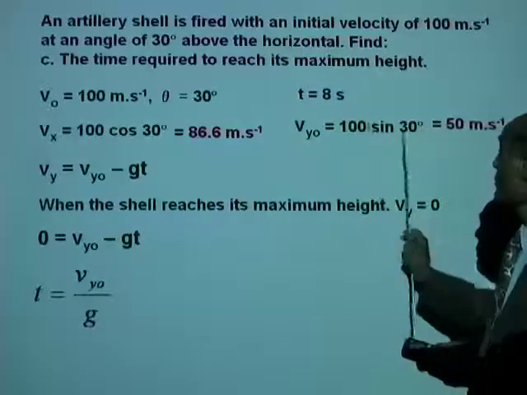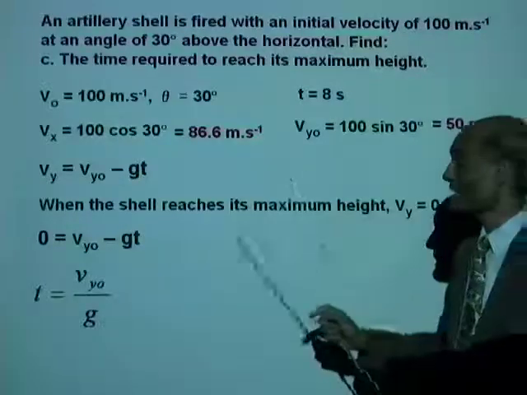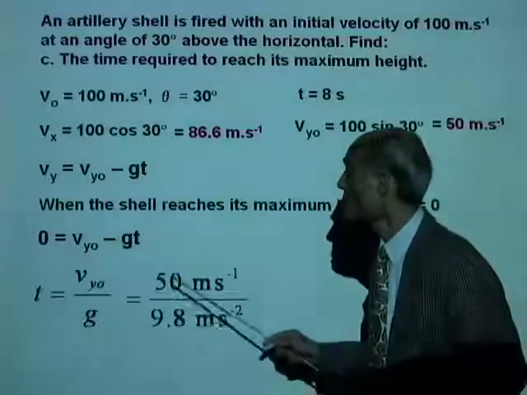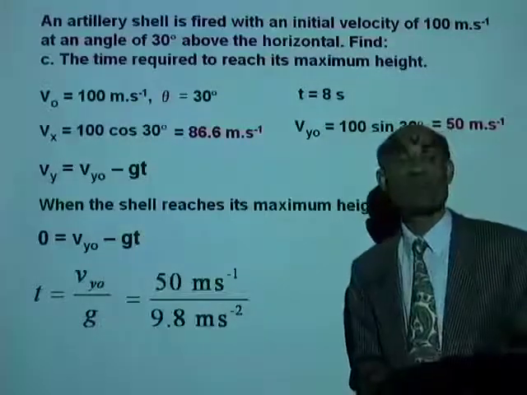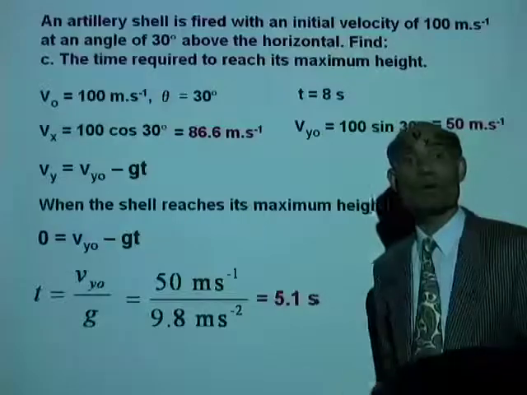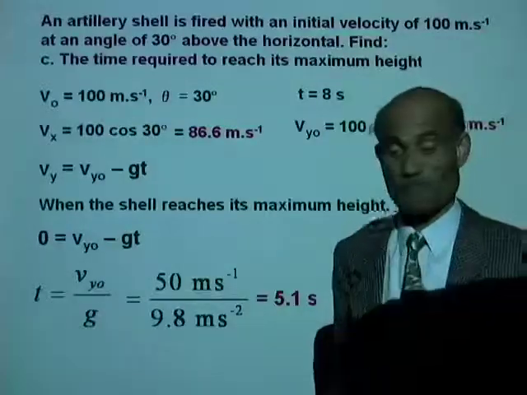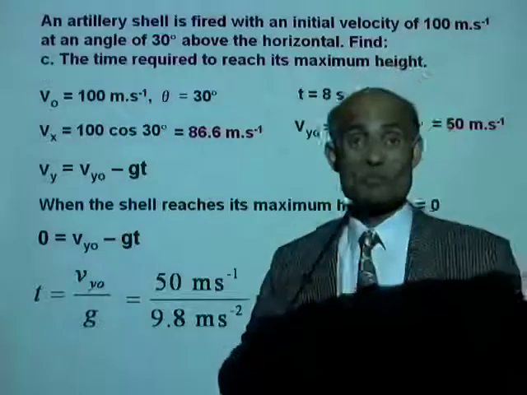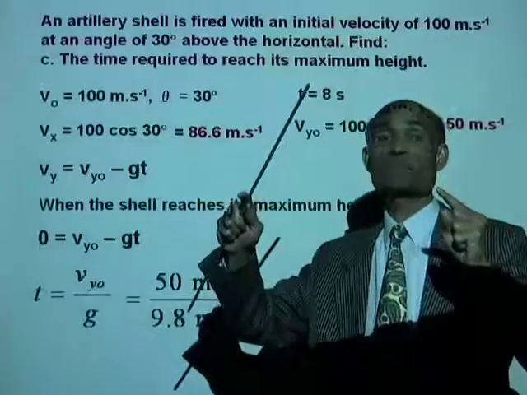And Vy0 we had calculated earlier is 50 meters per second. Therefore, that time is 50 meters per second divided by 9.8 meters per second squared. That is 5.1 seconds.